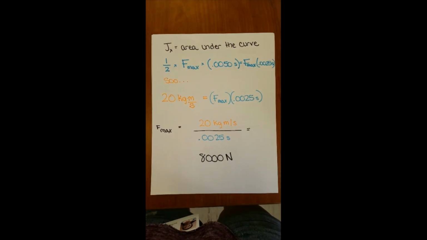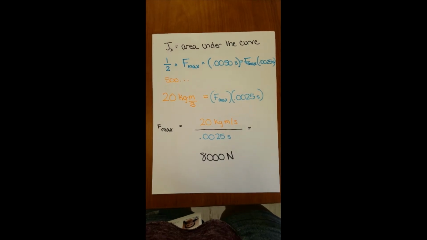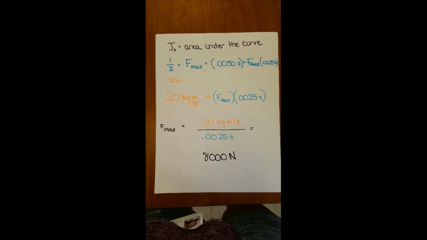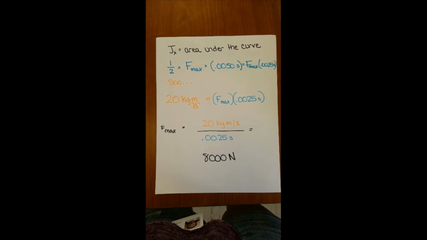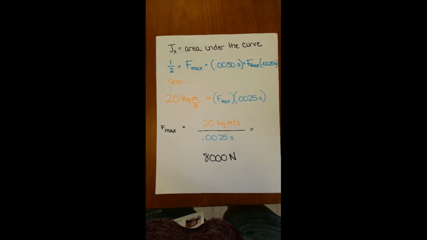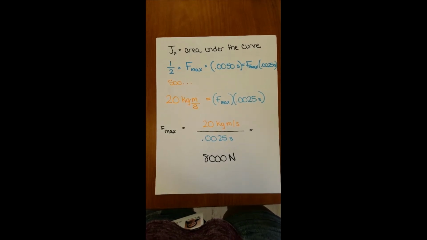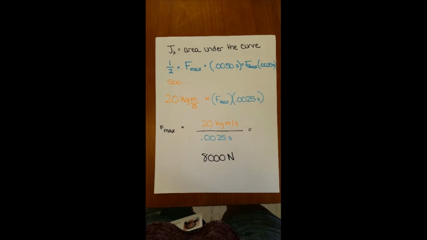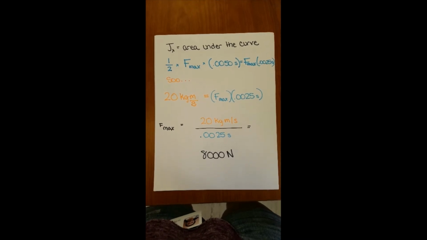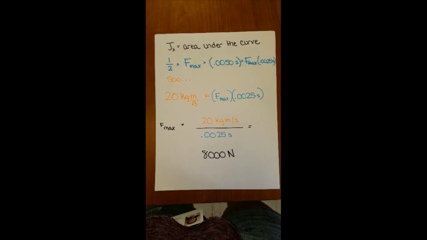So the impulse, which is the area under the curve, equals 1/2 times Fmax times the time of 0.0050 seconds, which equals Fmax times 0.0025 seconds. The 20 kilogram meters per second equals Fmax times 0.0025 seconds.